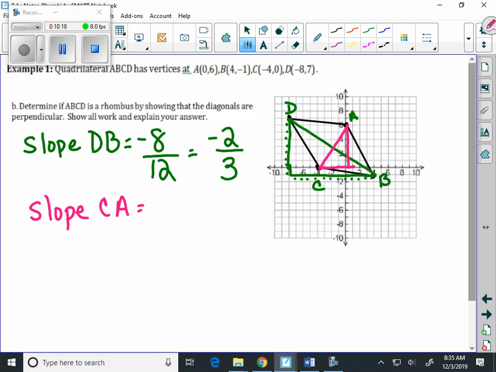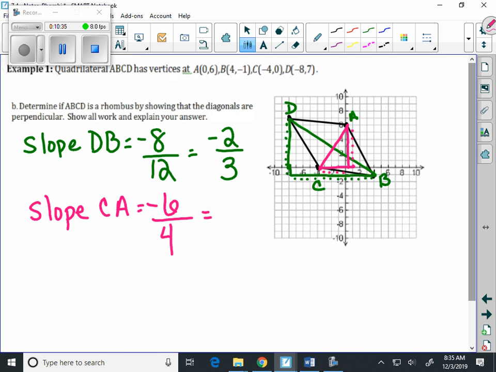But when we look at this, the slope went down 1, 2, 3, 4, 5, 6, down 6, and then we went to the left 1, 2, 3, 4.